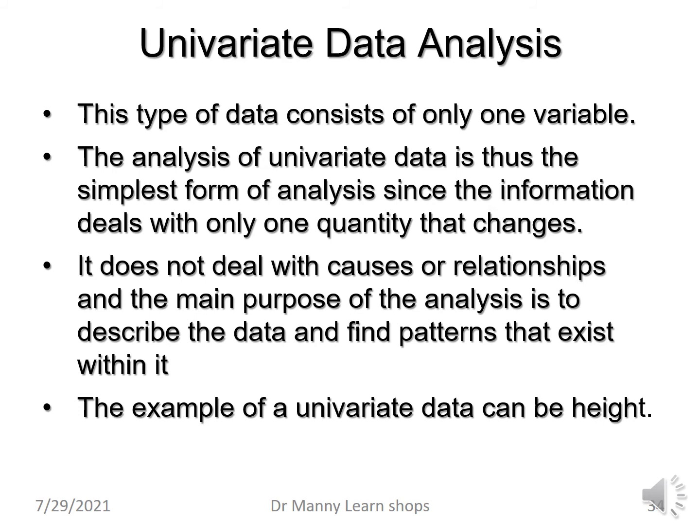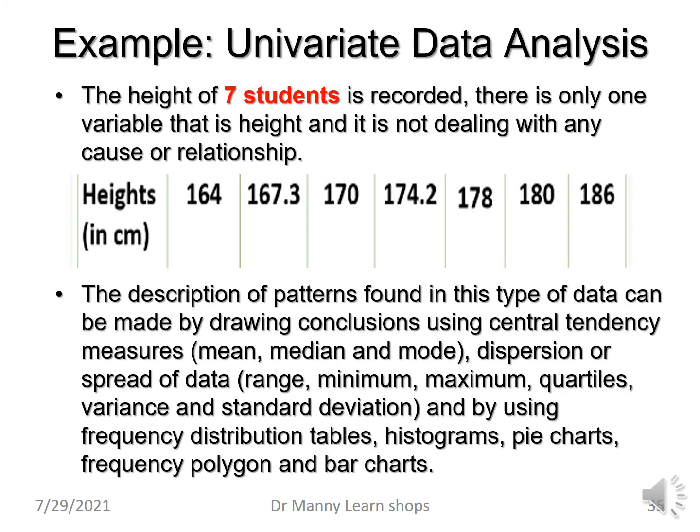An example of univariate can be height. So for example, in univariate data analysis, the height of 7 students is recorded. There's only one variable, that is height, and it's not dealing with any cause or relationship. So the description of the patterns found in this type of data can be made drawing conclusions using central tendency measures such as mean, median or mode.